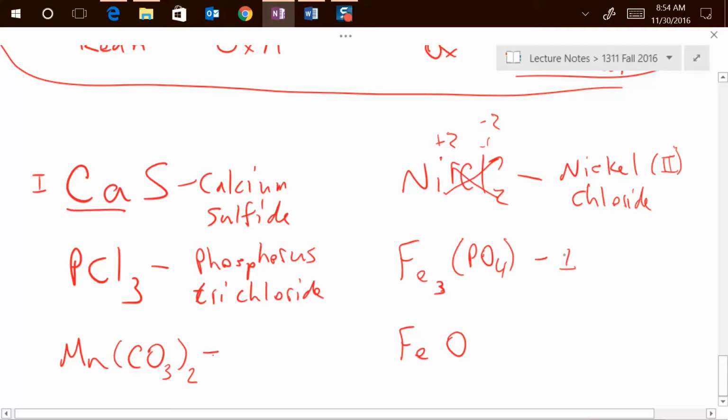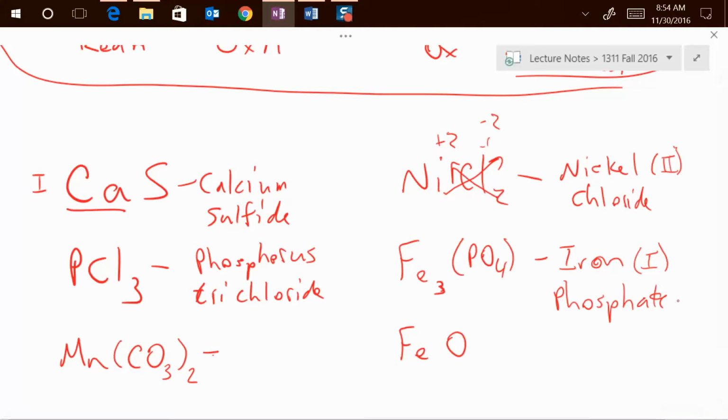Good. Iron 1. Phosphate. PO4 is a polyatomic ion, right? Not for iron. You have to put the 1.